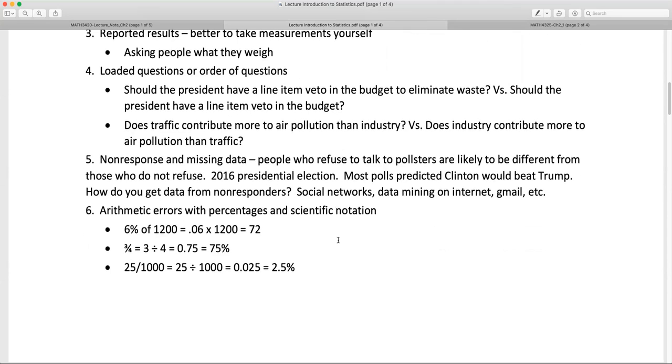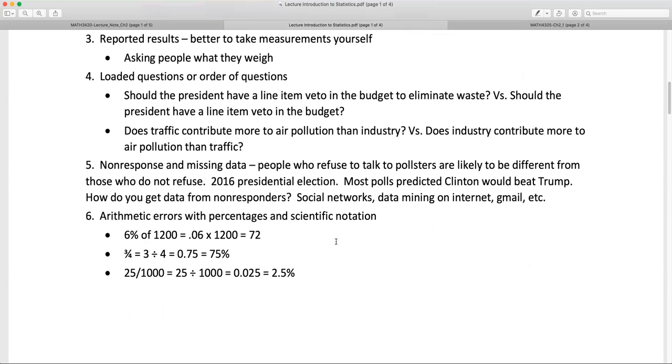The next example of bad sampling is non-response and missing data. Non-response occurs when someone either refuses to respond to a survey question or is unavailable.